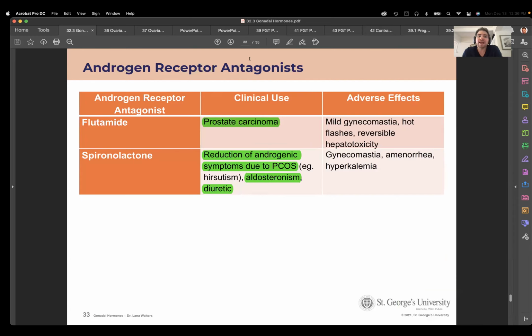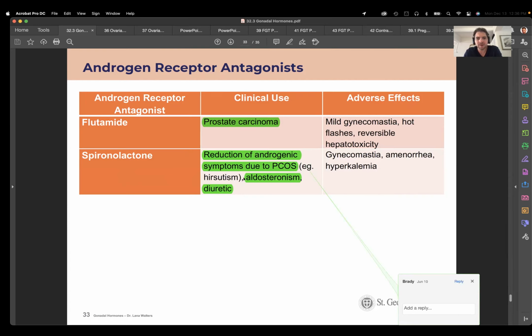And then you also have antagonists, which are very important because if you want to decrease the amount of testosterone going on, flutamide, for prostate carcinomas, you don't want a lot of extra testosterone, so it can treat prostate cancer. Spironolactone, we know that is a potassium sparing diuretic. It also has anti-androgen effects. So one of the side effects of using it for diuresis is that it can cause gynecomastia.